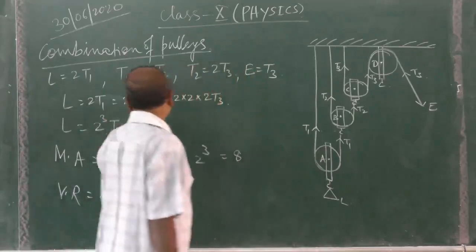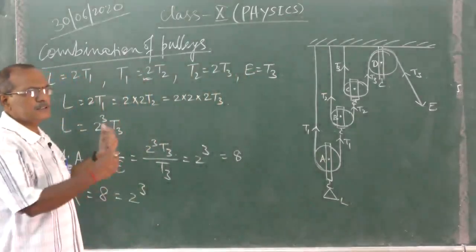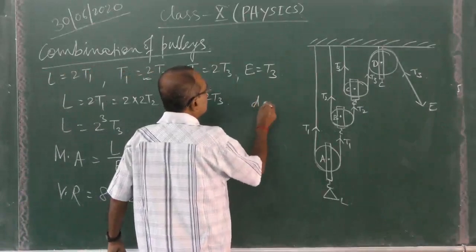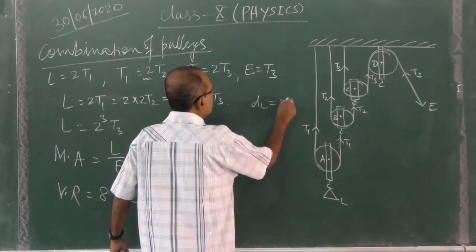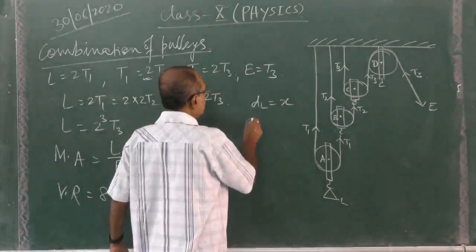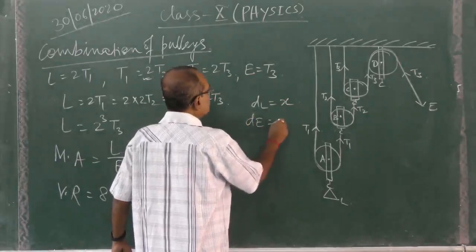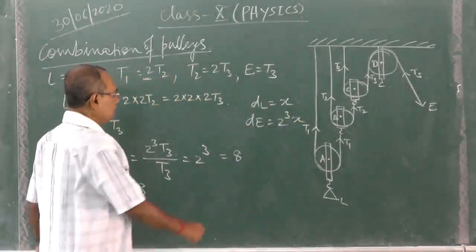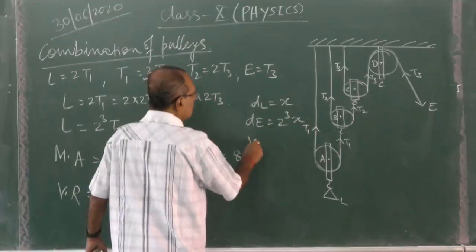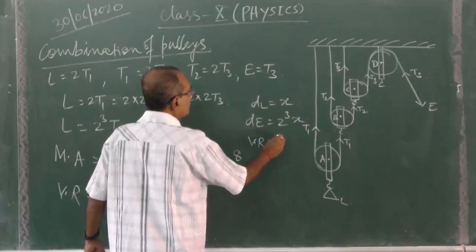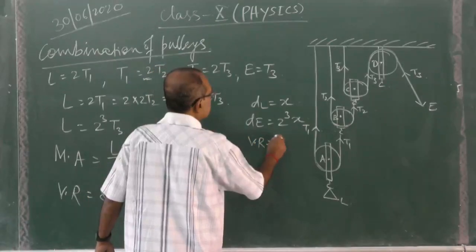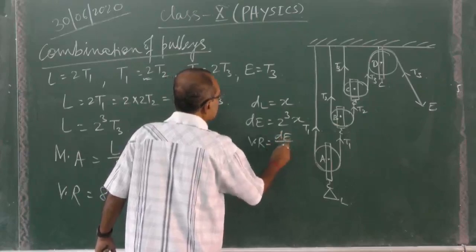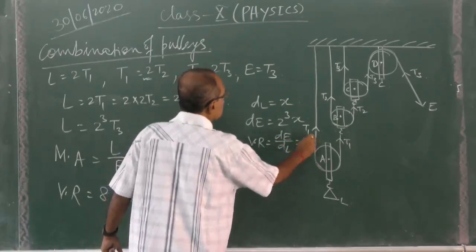Similarly, in the same way distance DE, say DL equal to x. So therefore DE is equal to 2 to the power 3 into x. So obviously VR is equal to DE by DL, that is equal to 2 to the power 3.